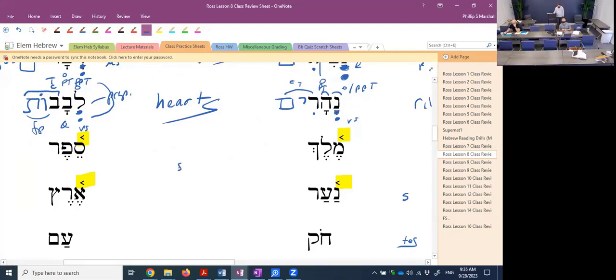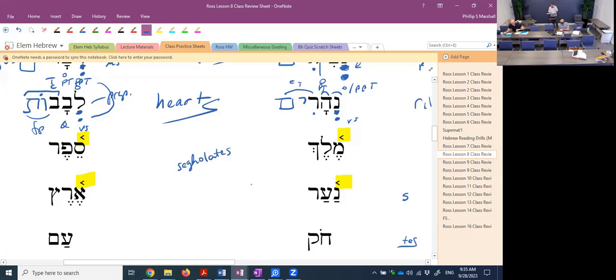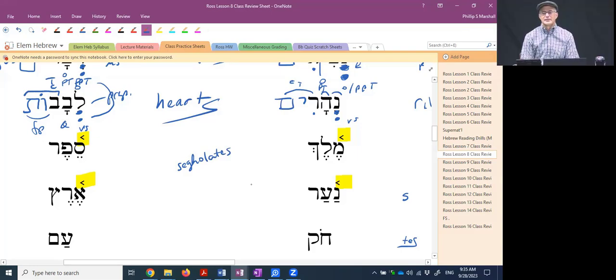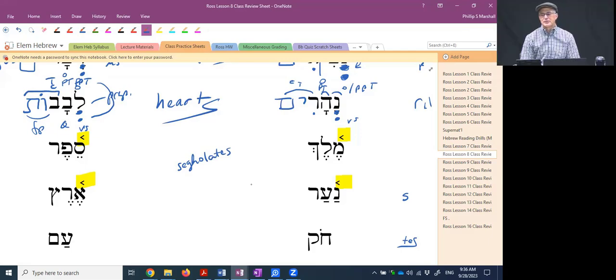Segolates. Yes, these are the segolates. Segolate nouns are characterized by stress on which syllable in the singular form? First syllable. Okay, segolates have first syllable stress.